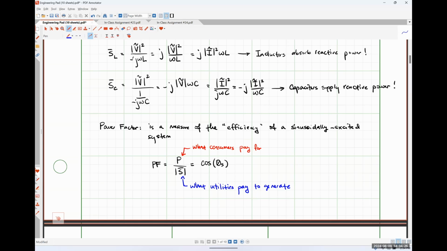So as a home consumer, this is not something that we are ever really going to have to pay attention to, because the overwhelming majority of our loads are purely resistive. For the most part, we just absorb average power, so the utility doesn't really have to bother with us.